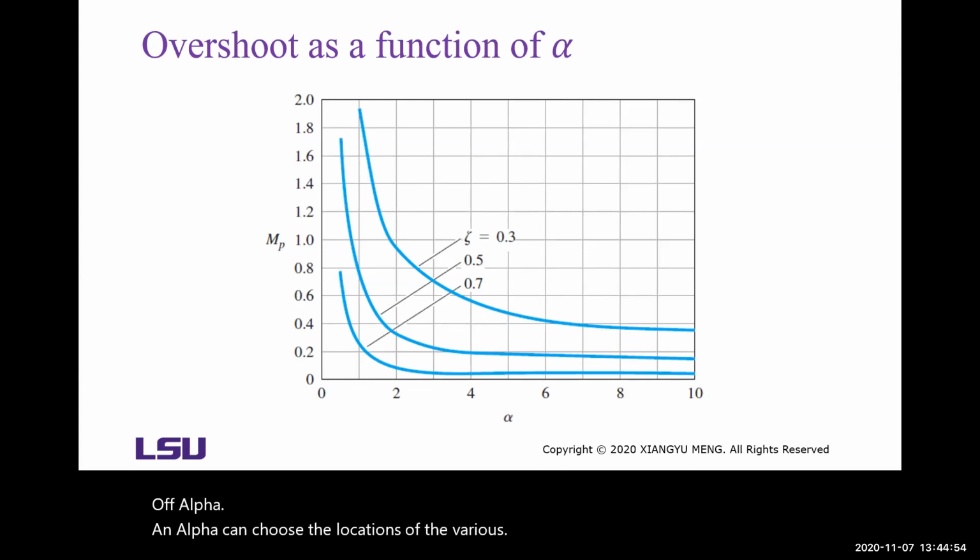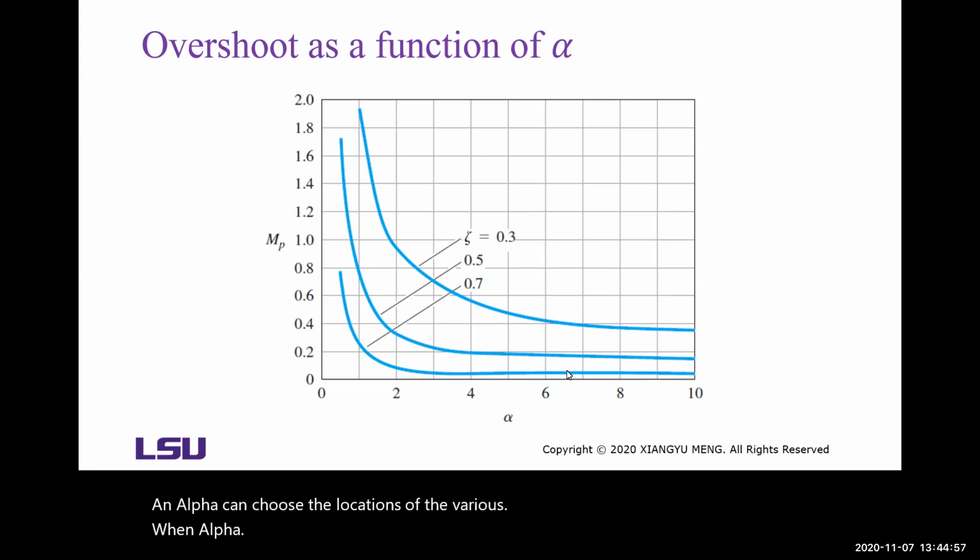When alpha is large, the zero is far away from the imaginary axis. It will have little effect on the response.